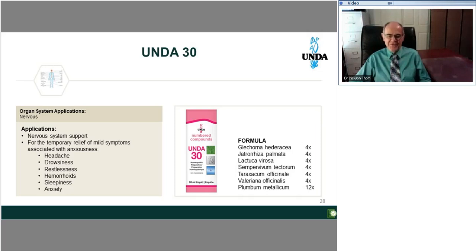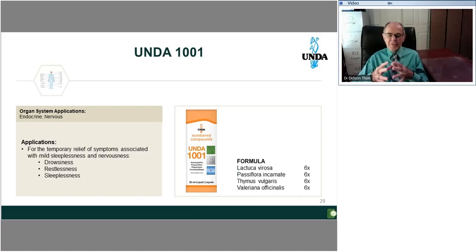So UNDA 30 has the ability to just generally calm things down, and 9 and 30 have a very calming effect, and we see valerian as one of the herbal remedies in there. And specifically combining it with UNDA 1001. So if somebody has any type of problems falling asleep, problems staying asleep, or they wake up ruminating, they have bad dreams, they have nightmares, and whether it's a child or an adult, something is upsetting their nervous system, particularly as their nervous system should be quieting down, but they can't really quiet it down.